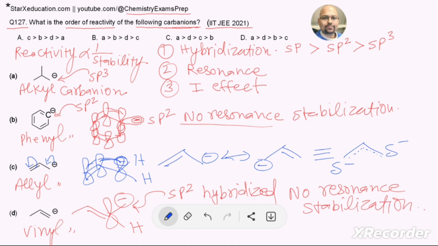So C is the most stable, A is the least stable.